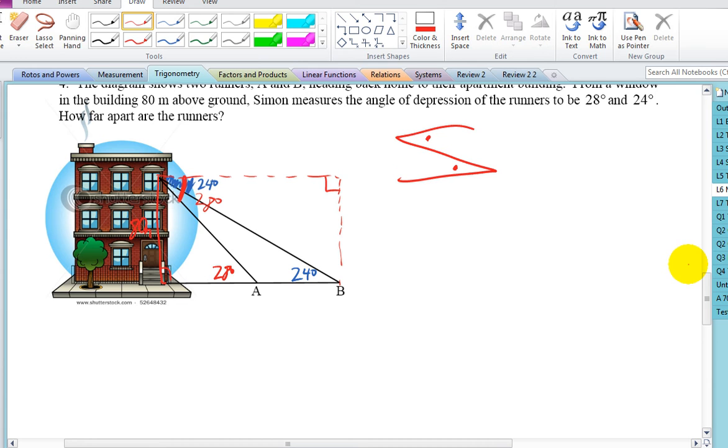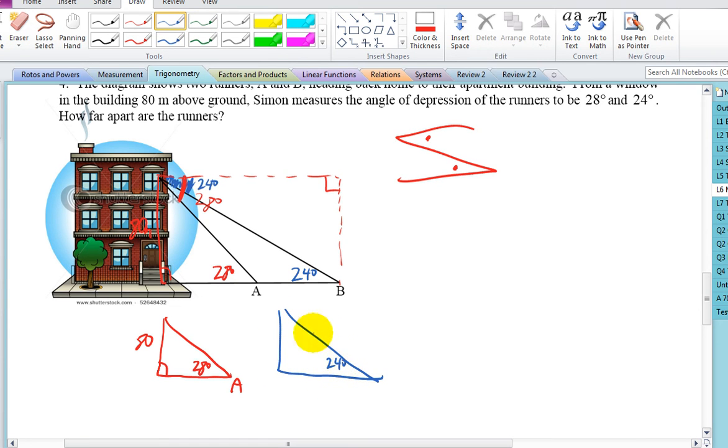So what we could do then is you could draw 2 separate triangles. Here's A, 80, 28 degrees. Here's B, 24 degrees, 80. Okay. What we want to do is basically find this distance here.